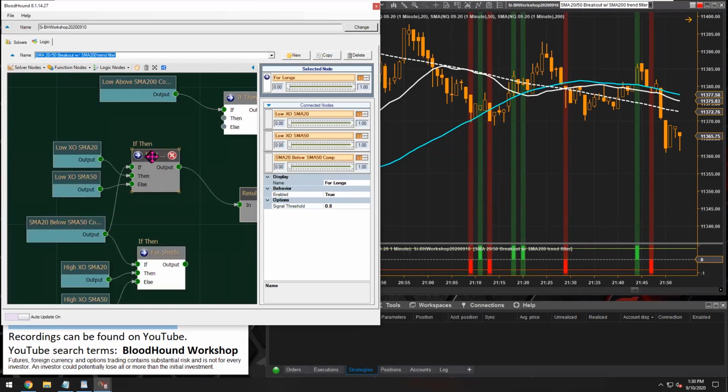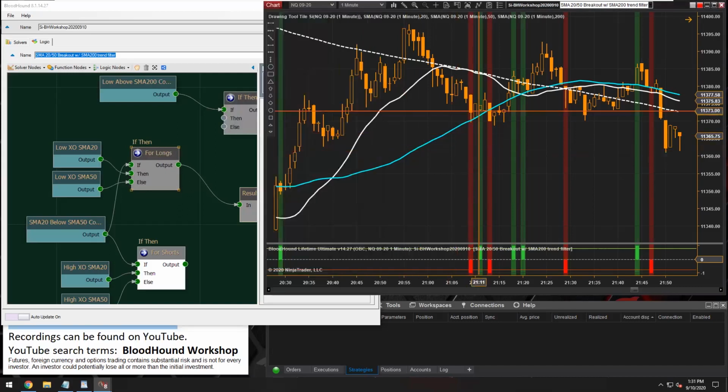Yeah, so keeping in mind that the if-then node on top is being used for long signals. All right, so when I look at this, well, the 20 is above, but I'm getting crossover signals from the 50, which is below.